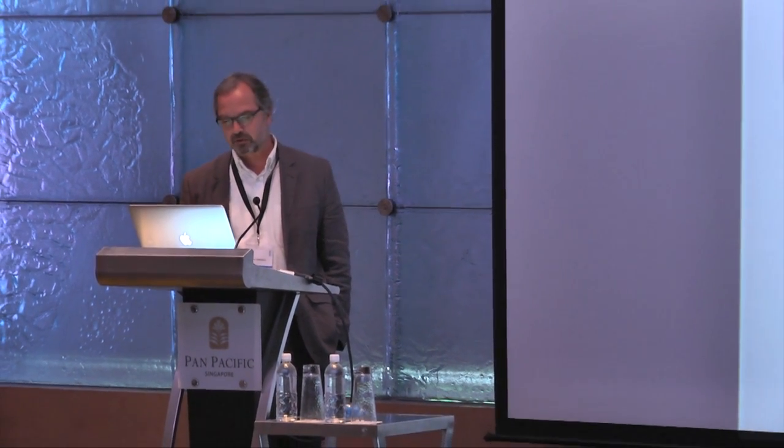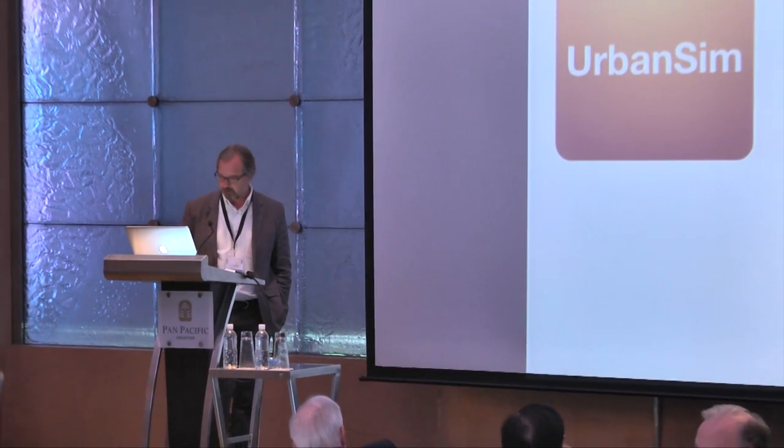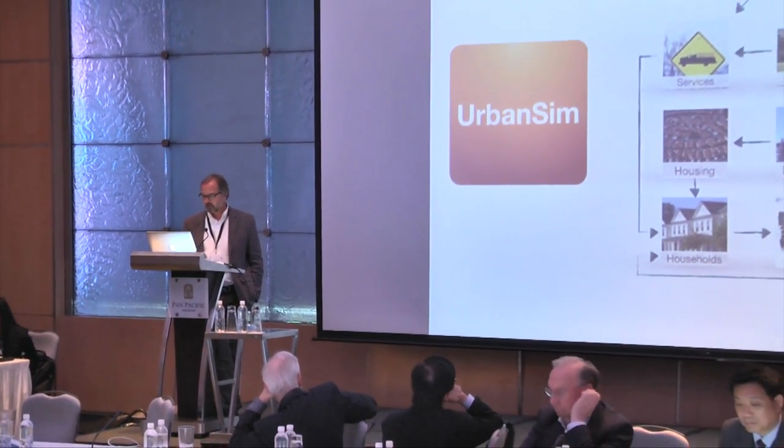And just in a nutshell, what it tries to do is capture cause and effect relationships that surround the real estate market and how governments intervene in real estate markets. So we're talking about real estate developers that are consuming raw land or redeveloping existing buildings. We're talking about governments that are regulating land, that are providing infrastructure and providing services and financing them in particular ways that influence the attractiveness of different sites and different locations.